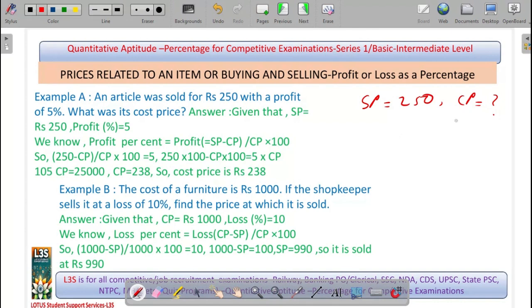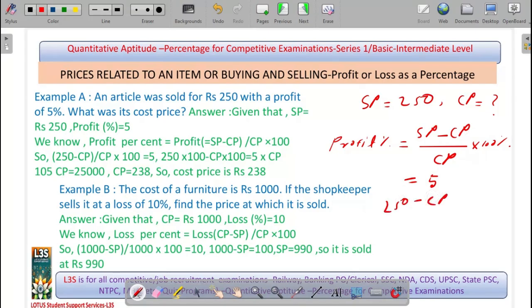Now we know profit percentage equals SP minus CP by CP into 100%, and this is equal to 5. Here we don't know CP, so we have to find it: 250 minus CP by CP into 100%.